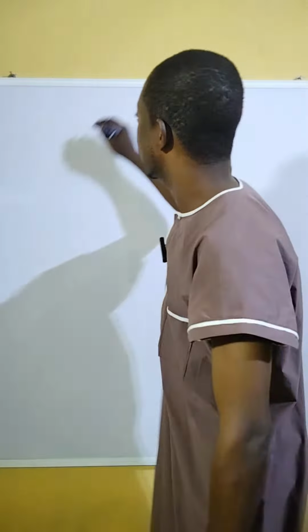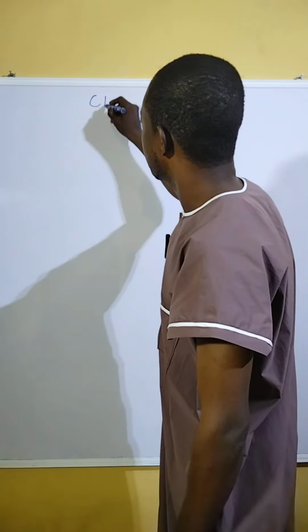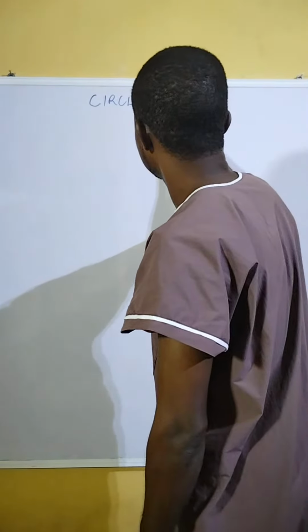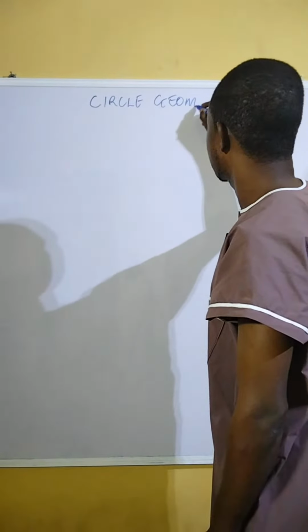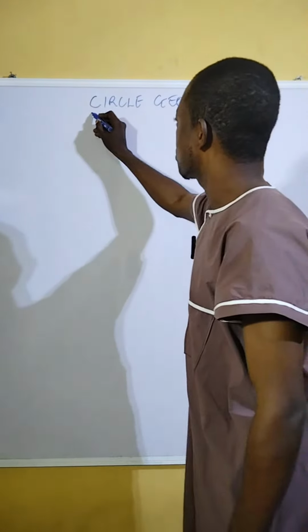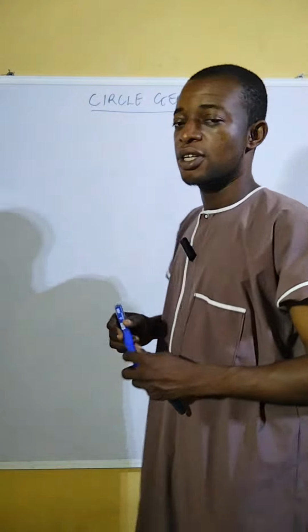And in this live class, we want to continue from where we stopped in our previous live class. We are looking at the topic circle geometry. Circle geometry is one of the important topics in mathematics.